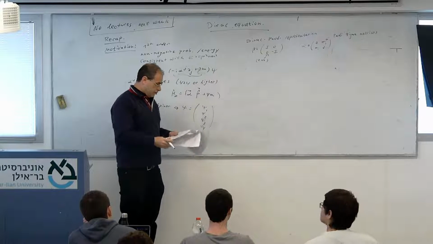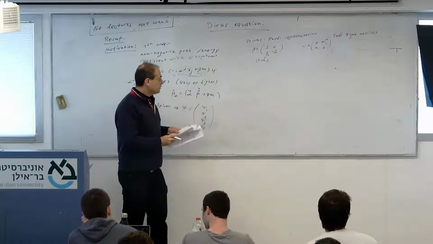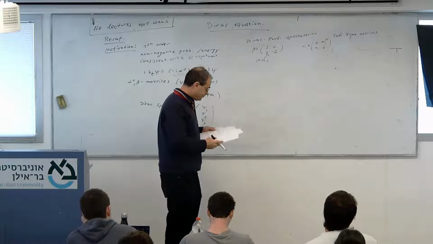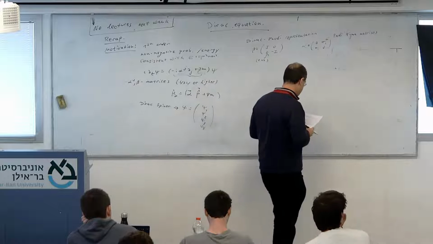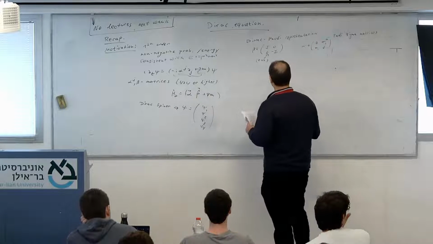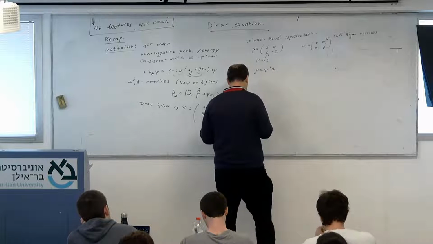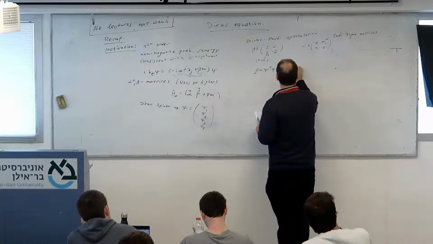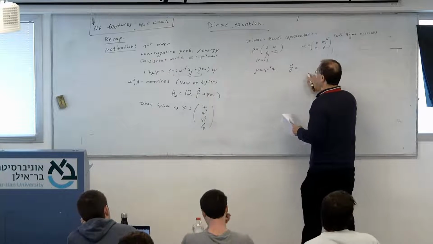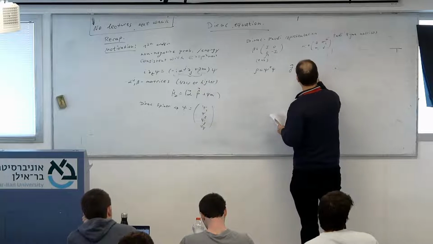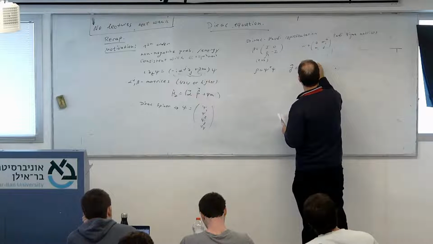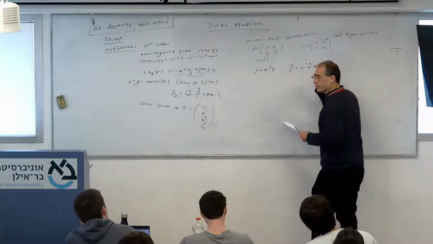And we showed that this actually solves the negative probability problem, by defining that rho is psi dagger psi, and the probability current J is psi dagger alpha psi. Again, these are 4x4 matrices.